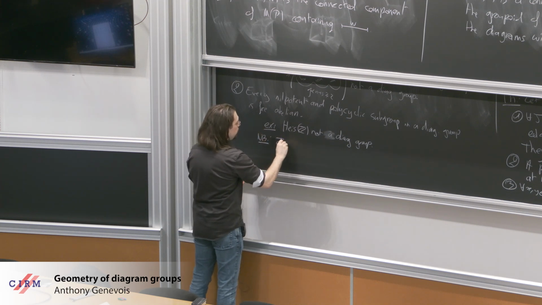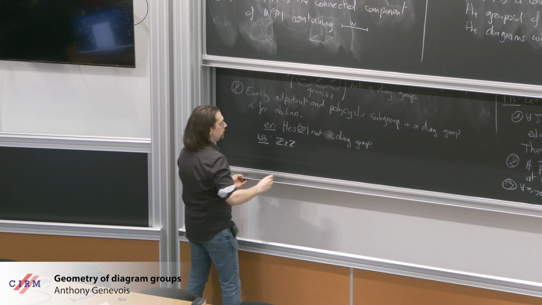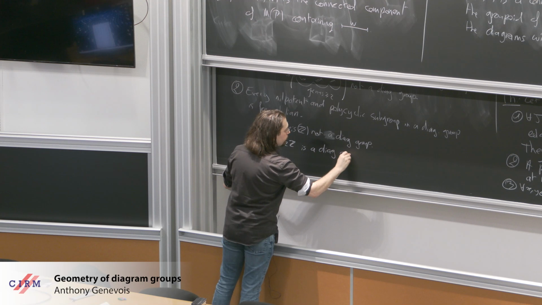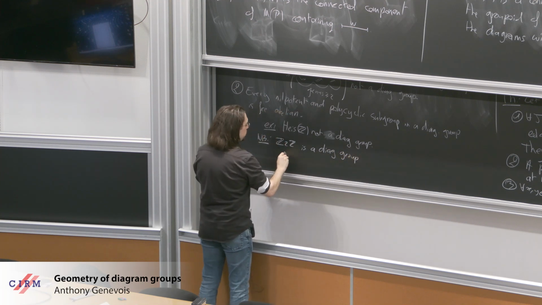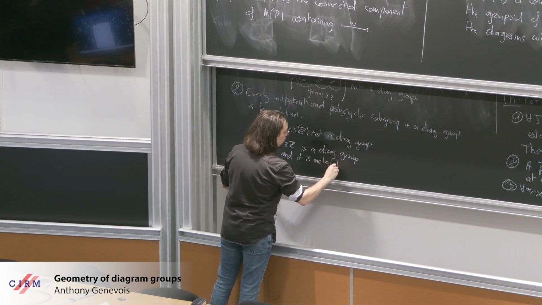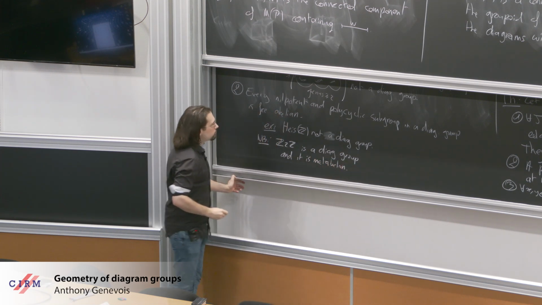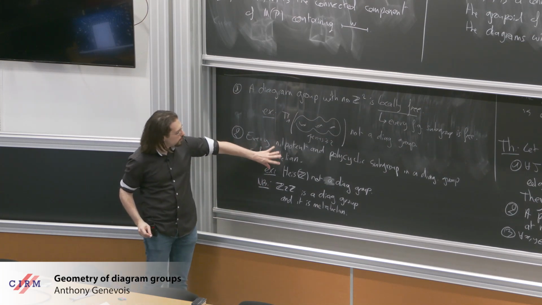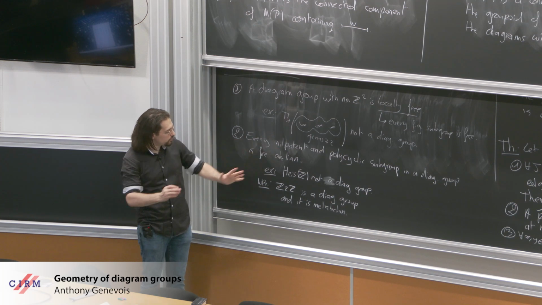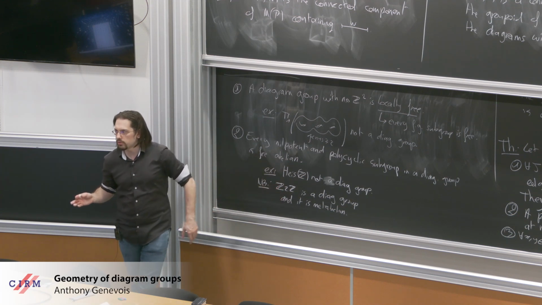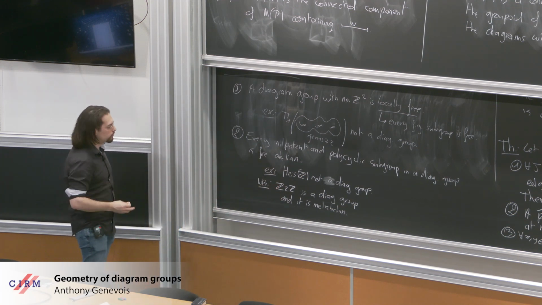For instance, if you take the wreath product of Z with Z, this is a diagram group, and it is metabelian. So the point is that if you are rather close to being abelian, you are abelian, but there is a gap. But you also have examples which are considered as not being too far away from abelian and which are not abelian, that are examples of diagram groups.